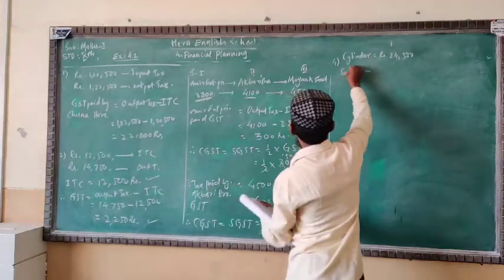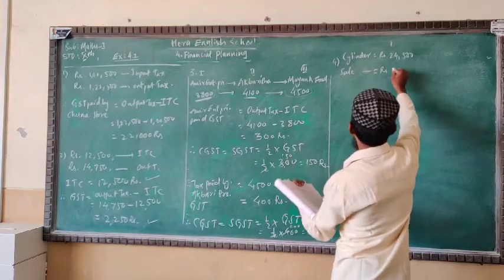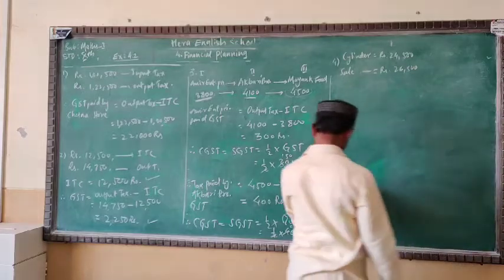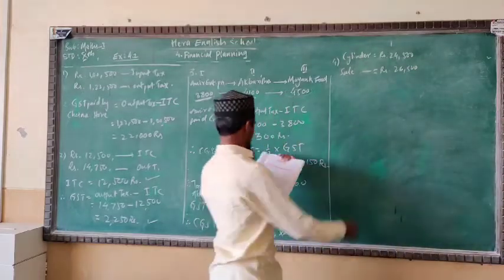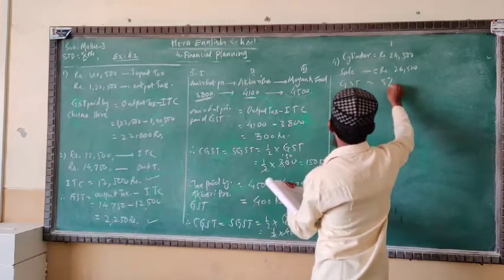Sell price is given how much? 26,500. And see very well, find the GST to be paid at the rate. GST rate is given 5%.